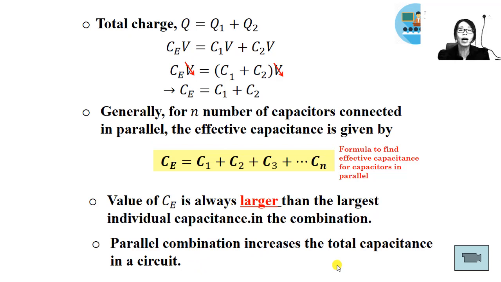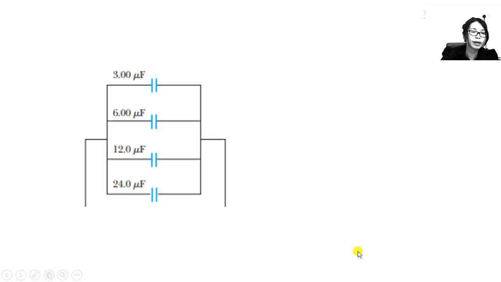If you want to increase the total capacitance in a circuit, then you have to connect all the capacitors in parallel. Let us see one example of how we calculate the effective or total capacitance for 4 capacitors connected in parallel. It's quite easy.